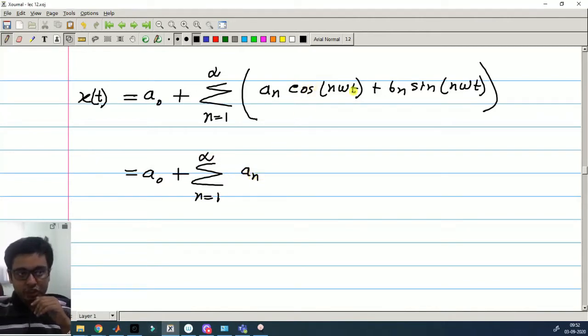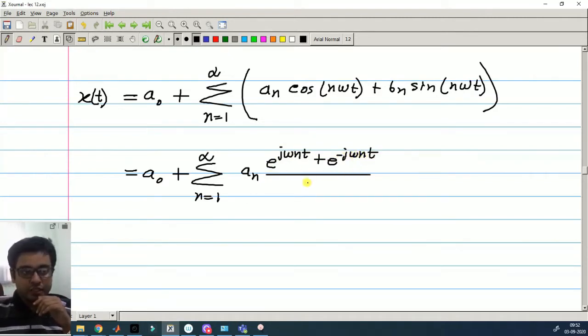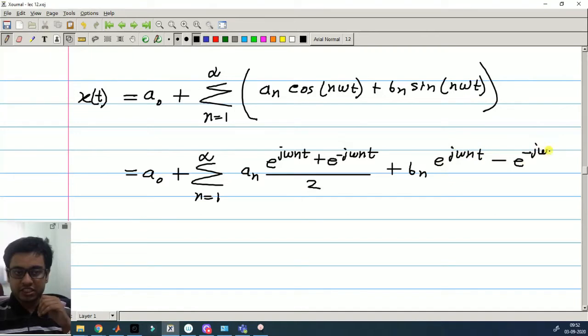In place of cosine, let me put (e to the power j omega nt plus e to the power minus j omega nt) whole divided by 2, plus bn. In place of sine, let me put (e to the power j omega nt minus e to the power minus j omega nt) whole divided by 2j.